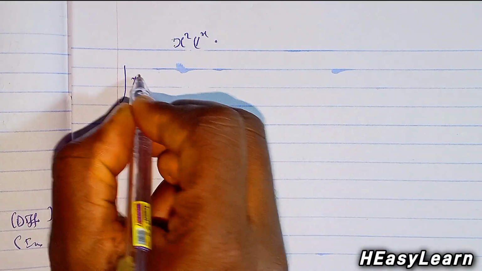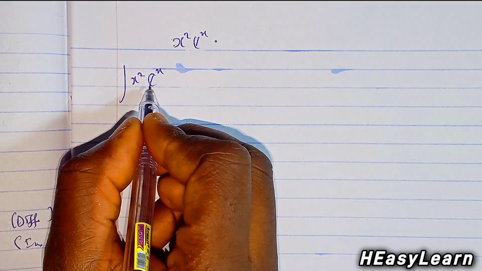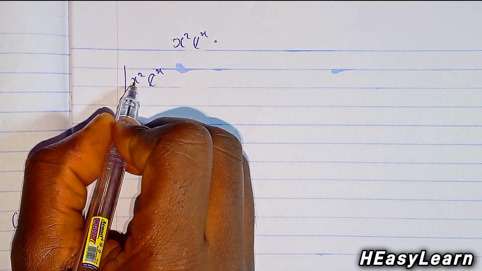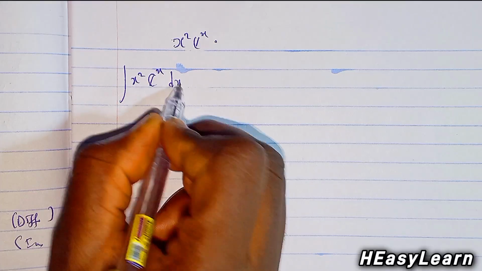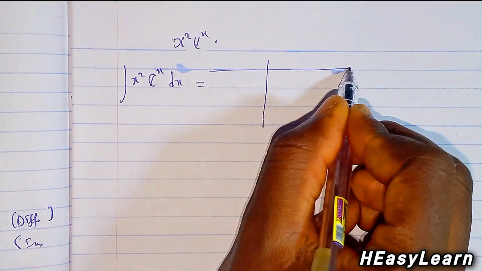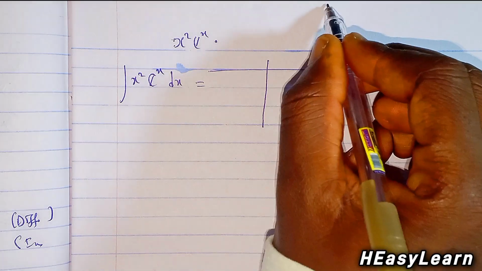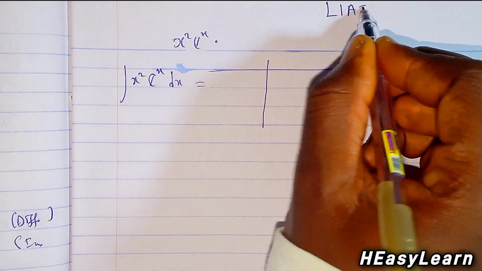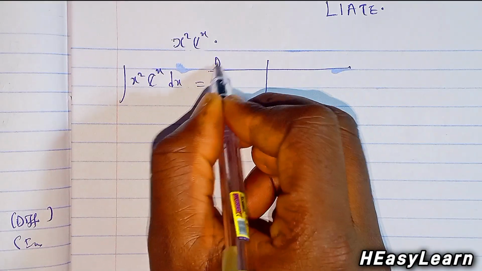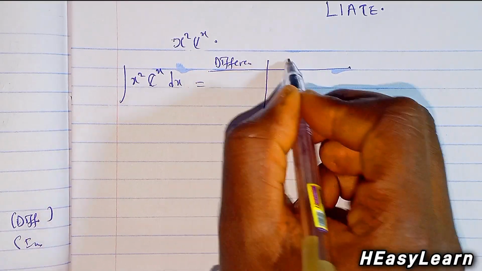This is an elementary exponential function multiplied by a polynomial function, so tabular integration can be used, but use LIATE to find which one to integrate and which one to differentiate.